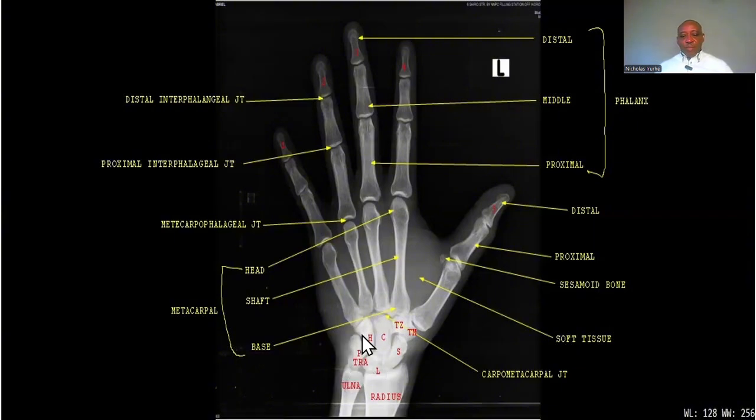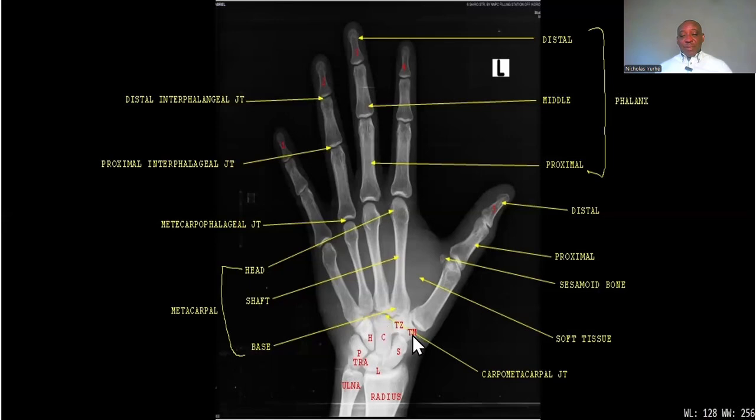So the carpal bones are 8 altogether. There's the proximal row and there's the distal row. And you want to find out how you can remember them. First, you have the scaphoid, lunate, triquetrum, pisiform. Those form the proximal row.